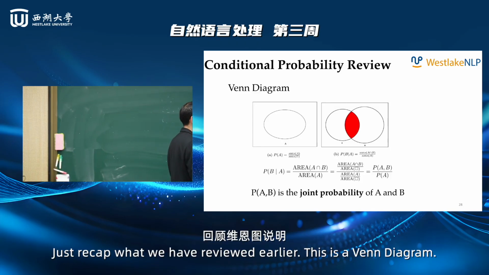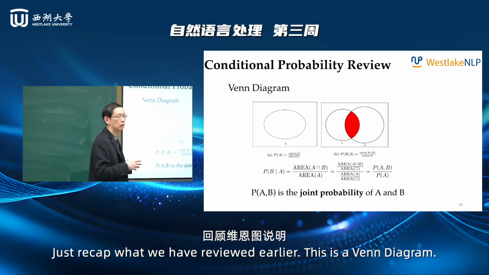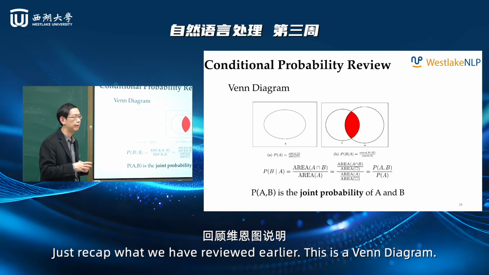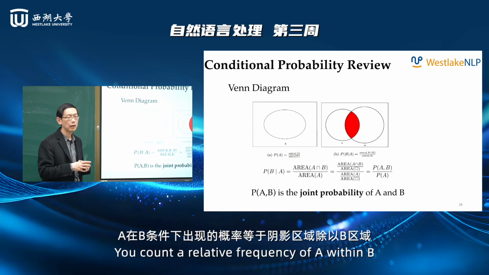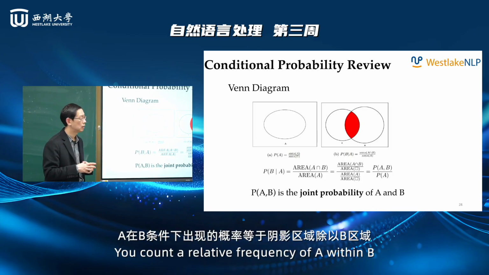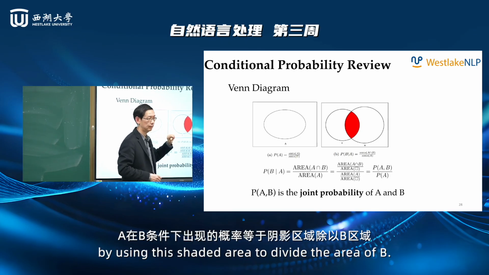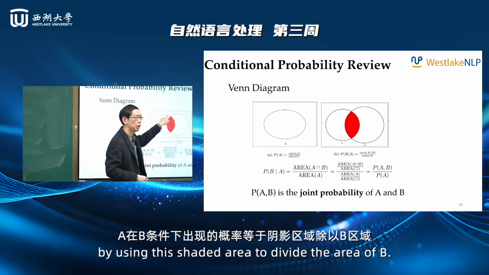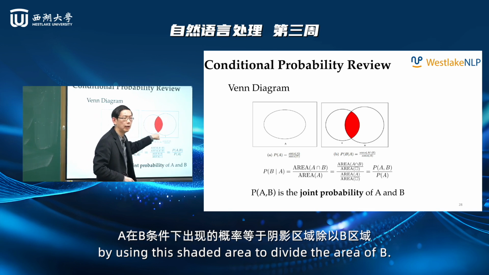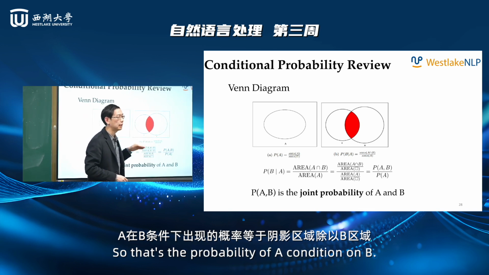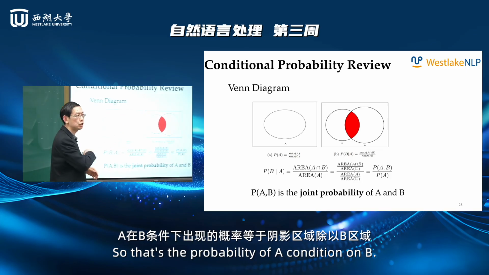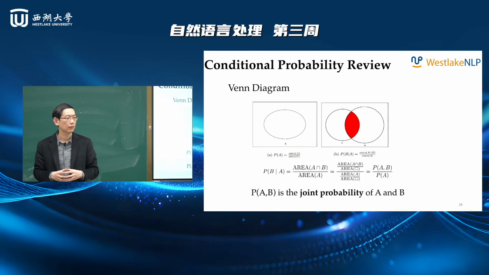Just a recap of what we have reviewed earlier. This is the Venn diagram. You count the relative frequency of A within B by using this shaded area to divide the area of B. So that's the probability of A conditioned on B, right?